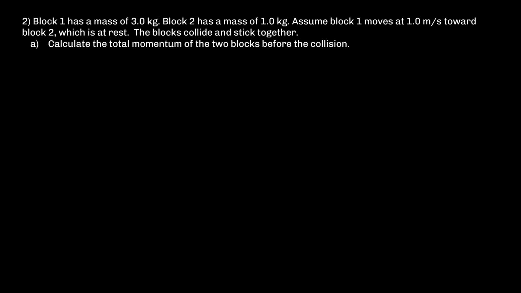All right, so now looking at part A, I'm going to calculate the total momentum of the 2 blocks before the collision. So before a collision, again, we're going to have 2 separate objects. So technically, we have 2 separate momentums, even though at this moment, block 2 is at rest. So we pretty much know what that means for the momentum of that object. We're going to start this off again with the equation: the momentum before is equal to the momentum of block 1 before the collision plus the momentum of block 2 before the collision.